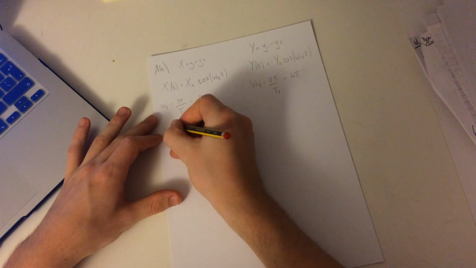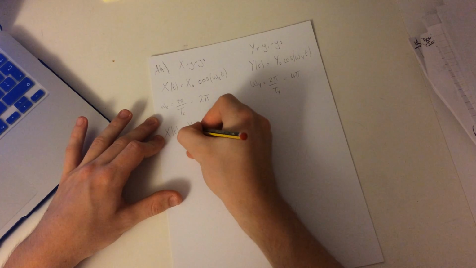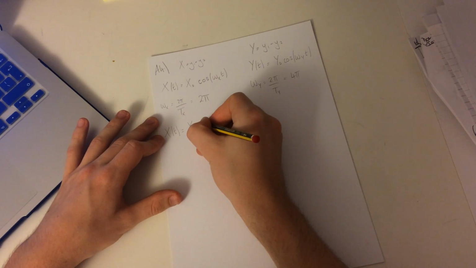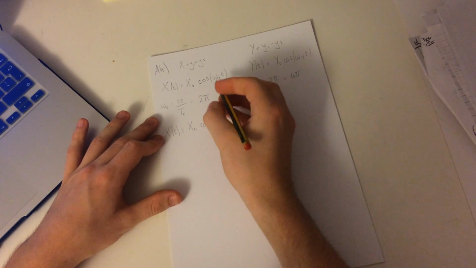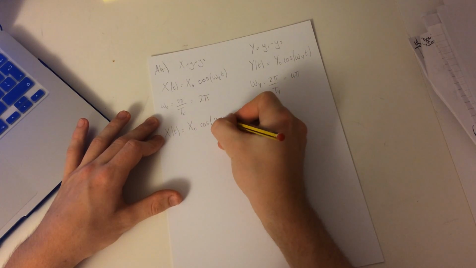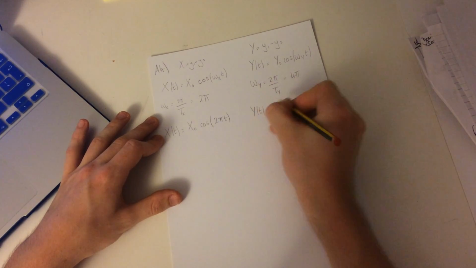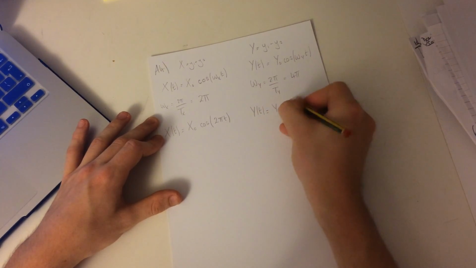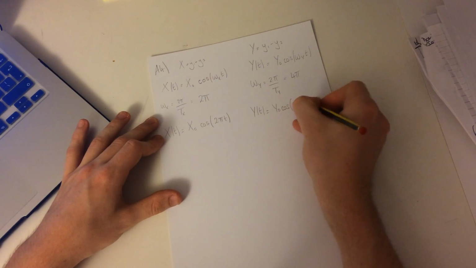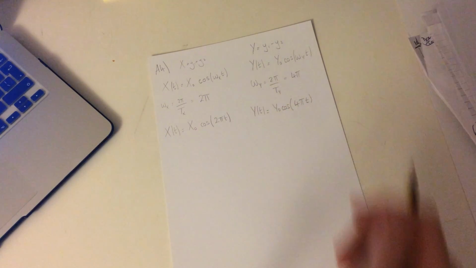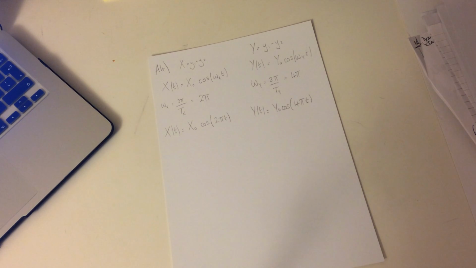So again, let's just input those numbers. We get x naught cos, and we put in 2 pi t there, and here we get y of t equals y naught cos, but of course this time it's 4 pi t. Okay, hope that should all be clear so far.